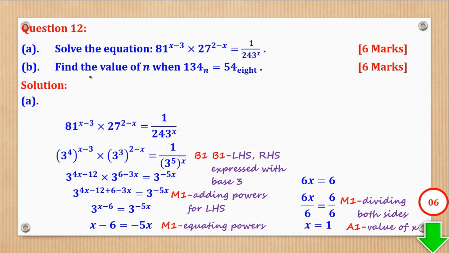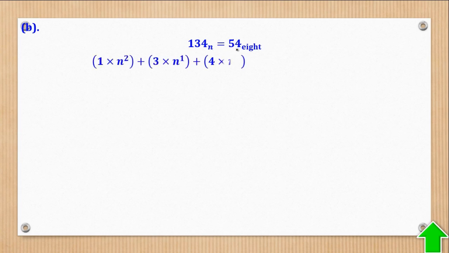Then part B says, find the value of n when this is equal to that. So that is under changing base. So 134 in base n is equal to 54 in base 8. So at first convert everything to base 10 by giving this. So this is power 1, 0, 1, 2.